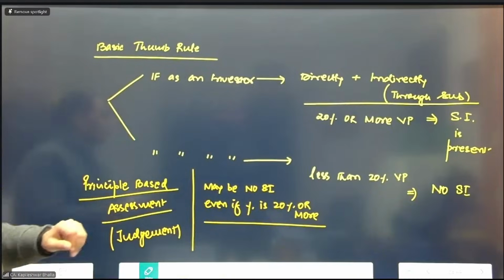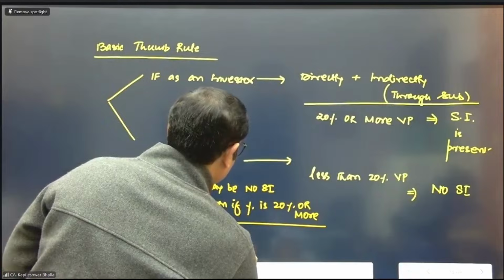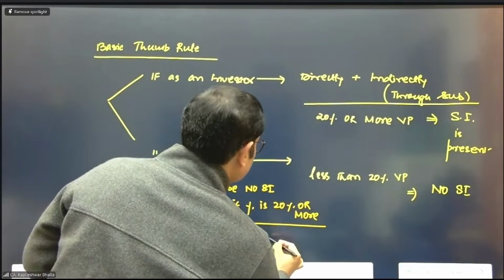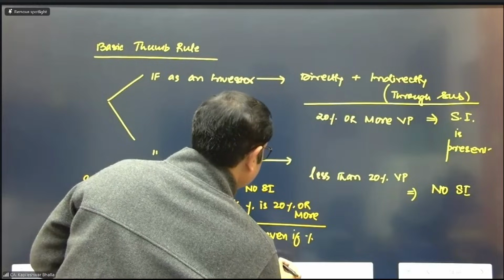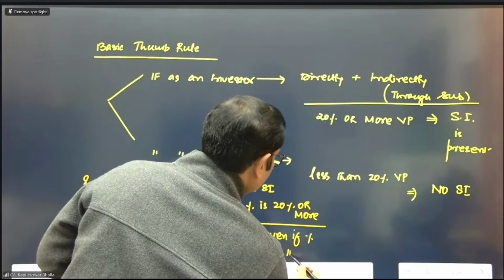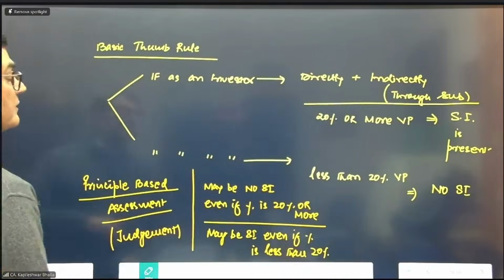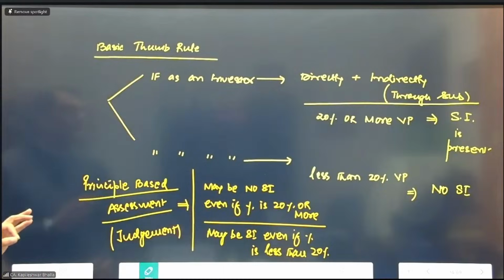There may be significant influence even if percentage is less than 20%. So it does not make a difference. You may have less than 20%, but still you may get a significant influence. That is what we call a principle-based assessment.